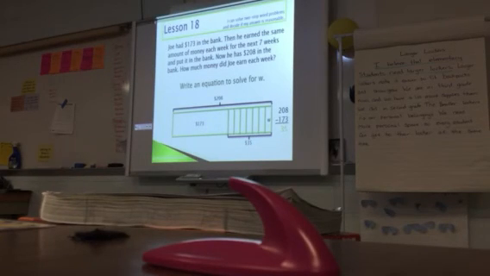Who can tell me what our equation was? Trey? It was 5 times 7. You're working backwards, right?